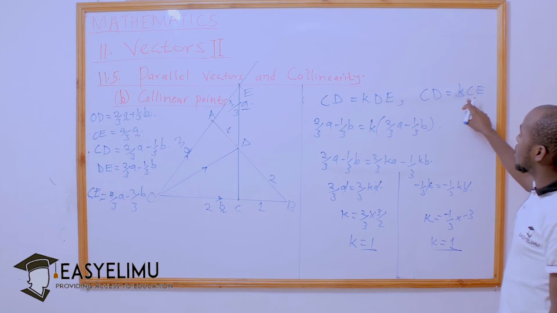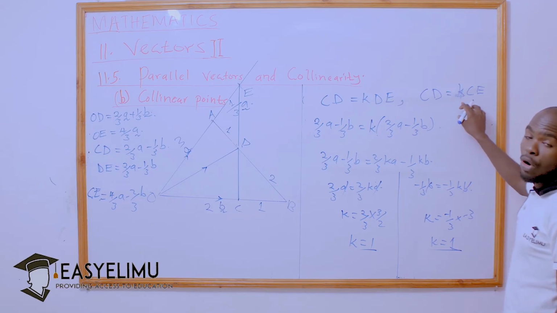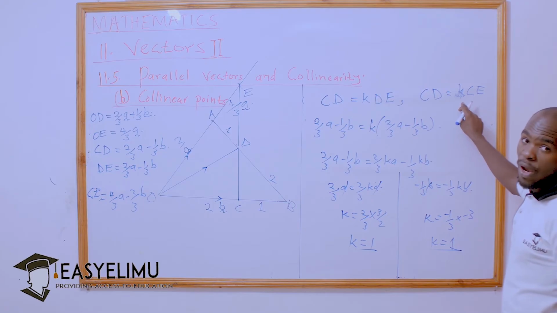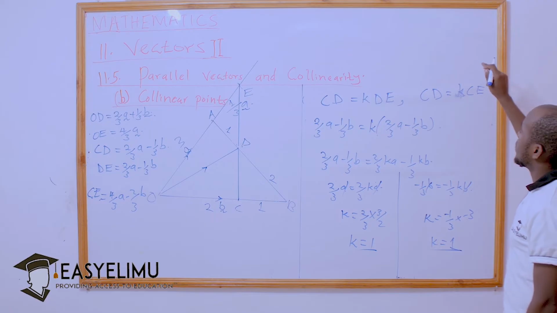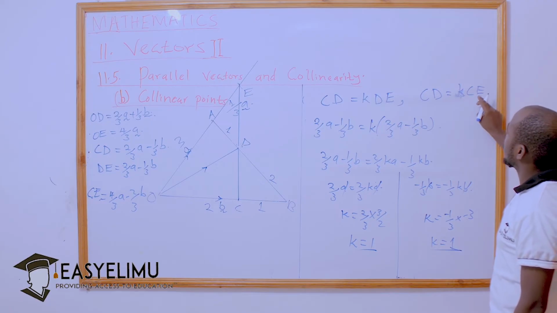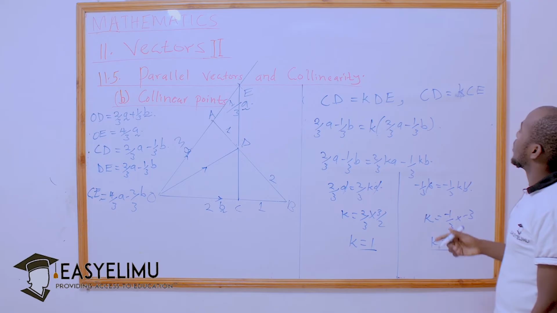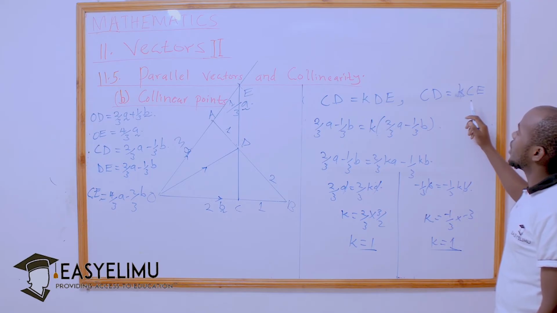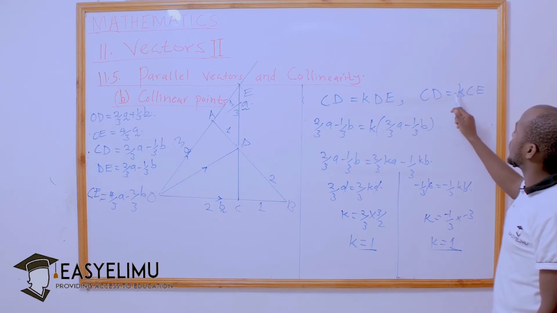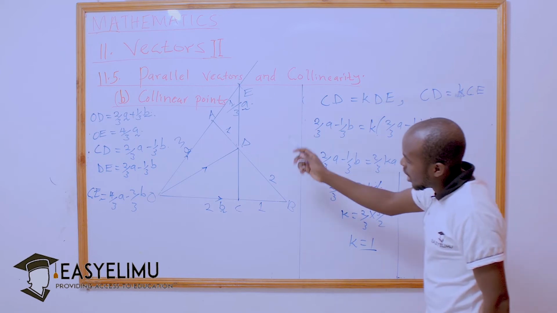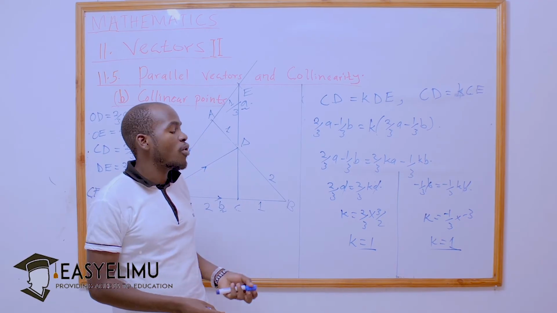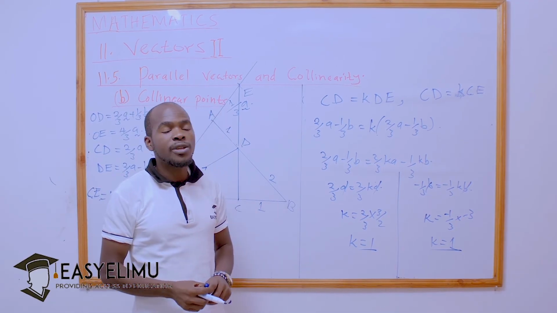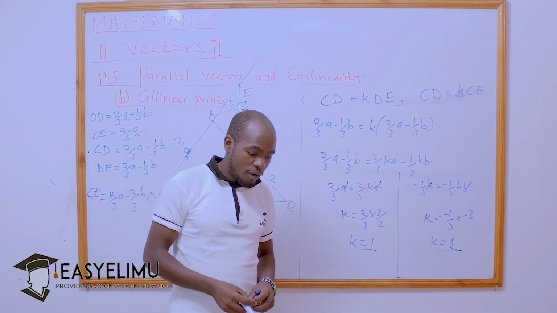After finding it, if k is common in both a and b, then you will find out that CD is a scalar multiple of CE, such that it will have a common point which is C, and since they are on a straight line, you will find they are collinear. That is how we work out collinear points and collinearity of points.